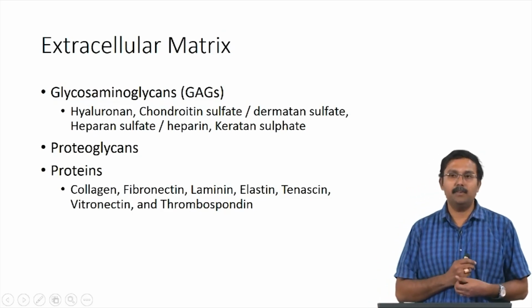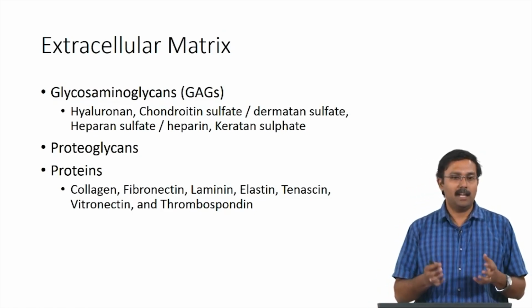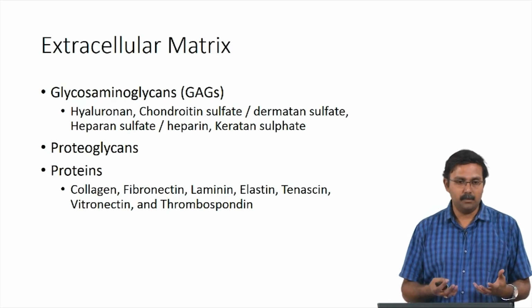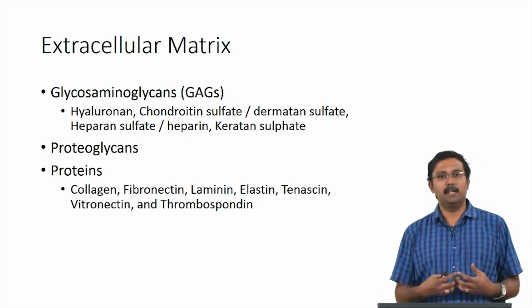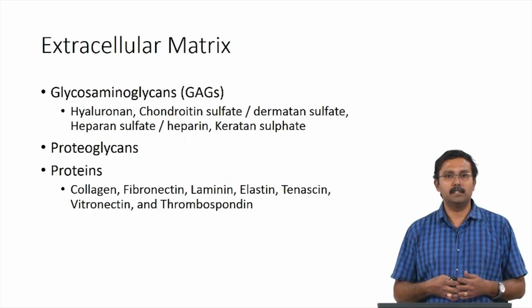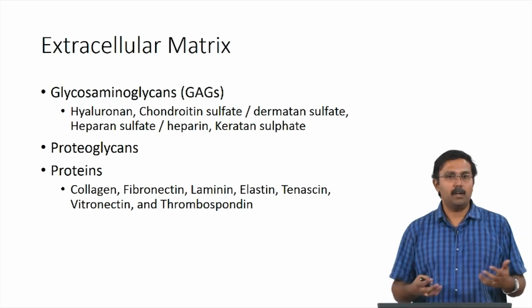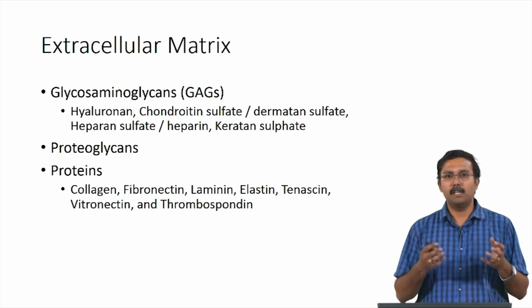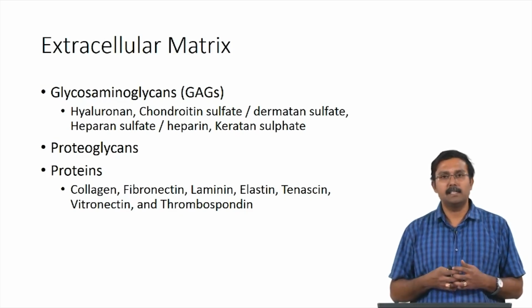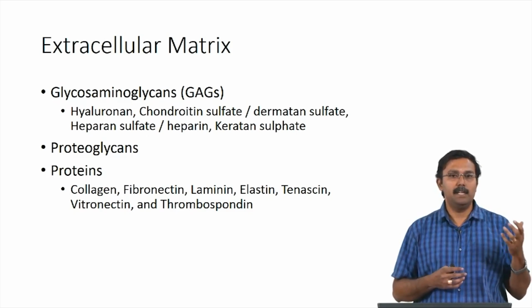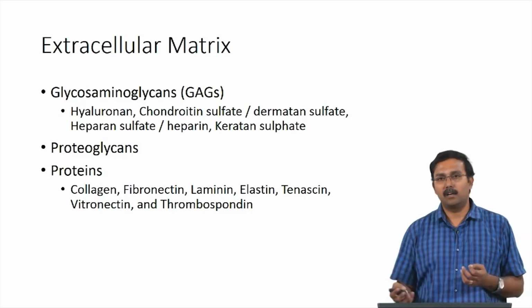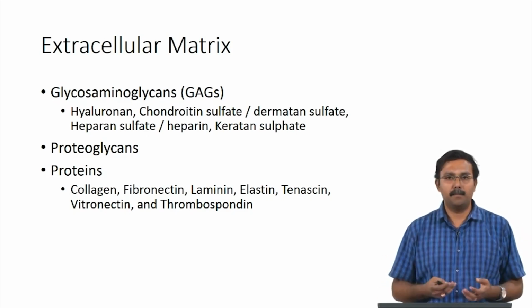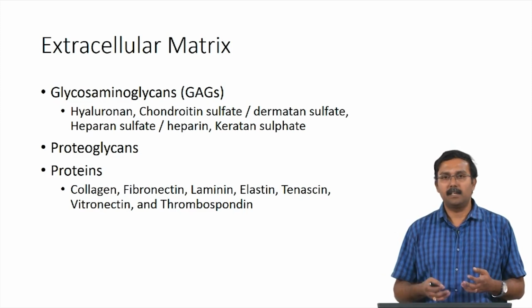The other side of it is what are the ligands which are present on the matrices, to try to understand that to emulate cell adhesion in tissue engineering. We had already looked at what ECM is. ECM is made up of different things: proteins, proteoglycans and glycosaminoglycans. Glycosaminoglycans could be hyaluronan, chondroitin sulfate, dermatan sulfate, heparan sulfate, keratan sulfate and so on.